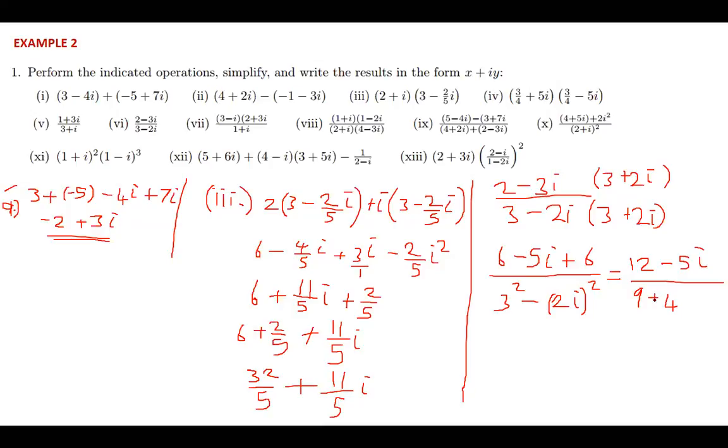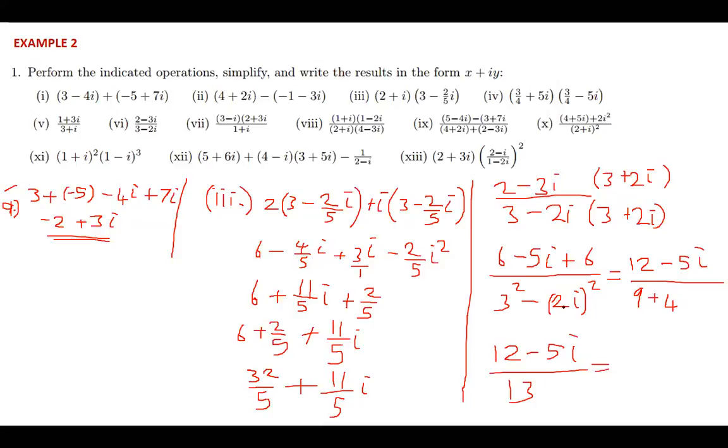So here you're going to have plus 4 like that. So we simplify it now. We're going to have 12 minus 5i, and then everything divided by 9 plus 4. So 9 plus 4 is 13.